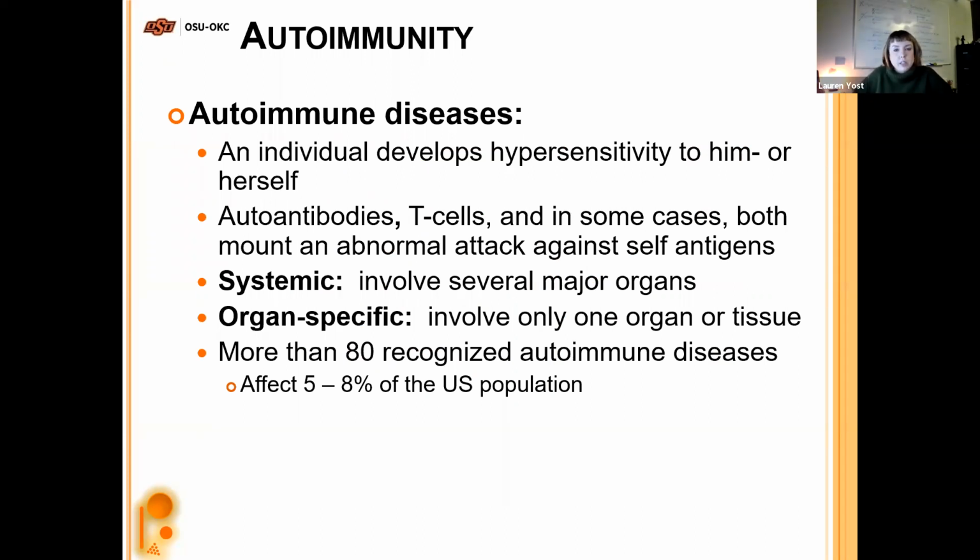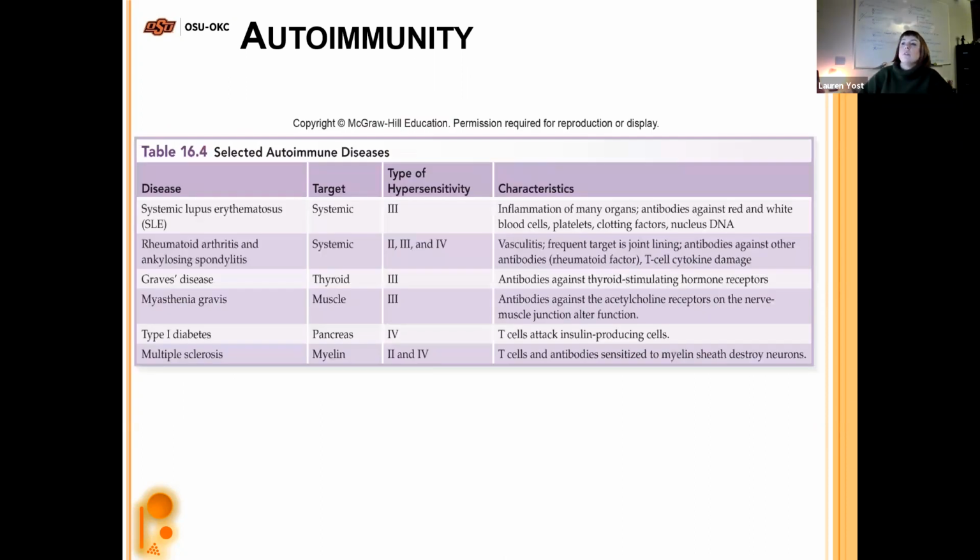That can be systemic, involving all of your organs, or organ specific, involving only one organ or tissue. There are more than 80 recognized autoimmune diseases that can affect 5 to 8% of the US population.